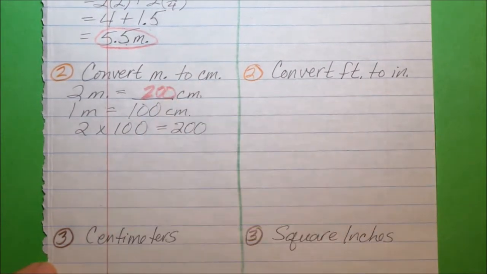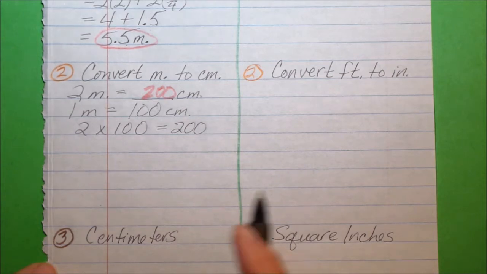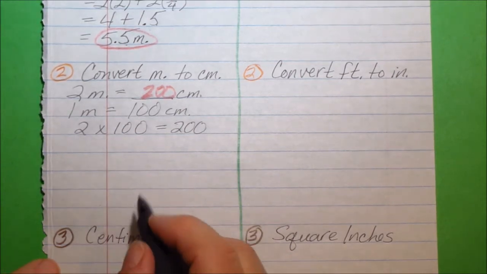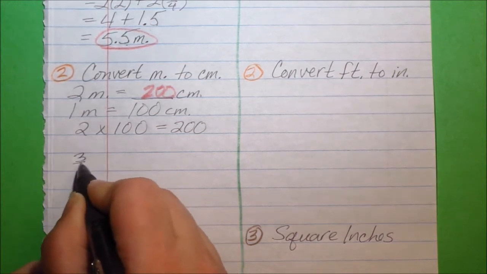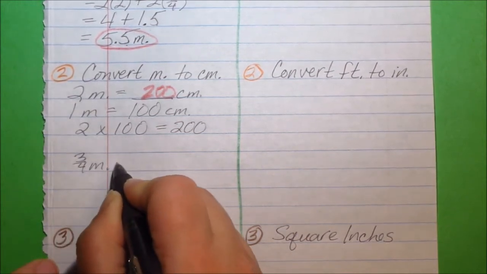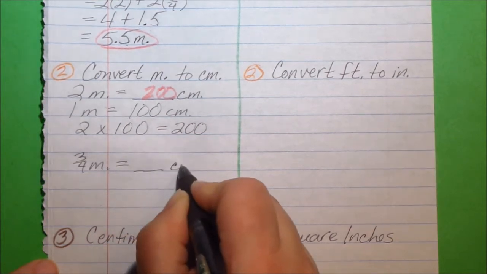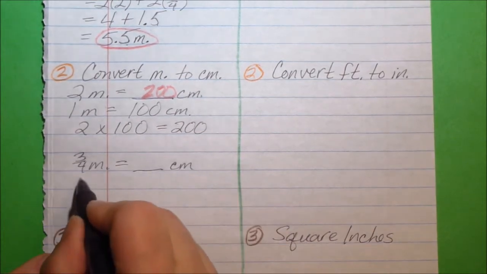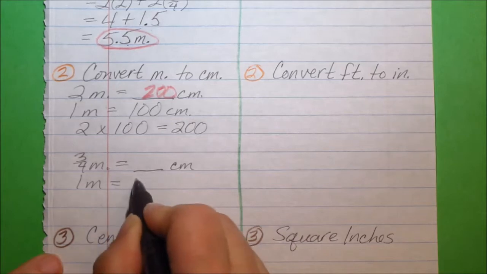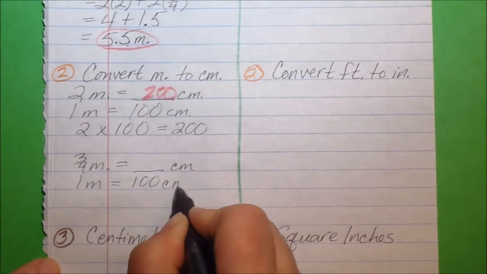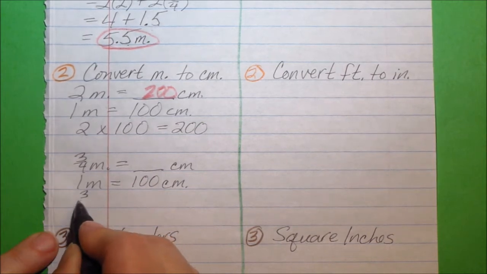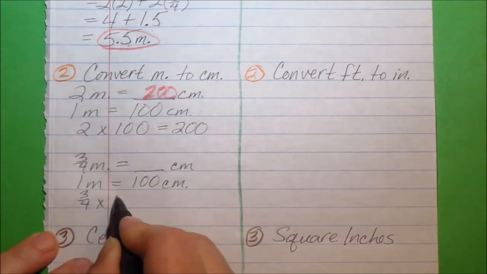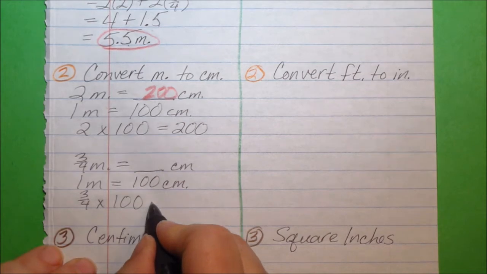Okay, now the next one that I need to take care of is the width, which was 3/4 of a meter. So on that one, I have 3/4 meter equals how many centimeters? Again, my conversion factor is 1 meter equals 100 centimeters, and I'm going to multiply, so I have 3/4 times 100 centimeters.